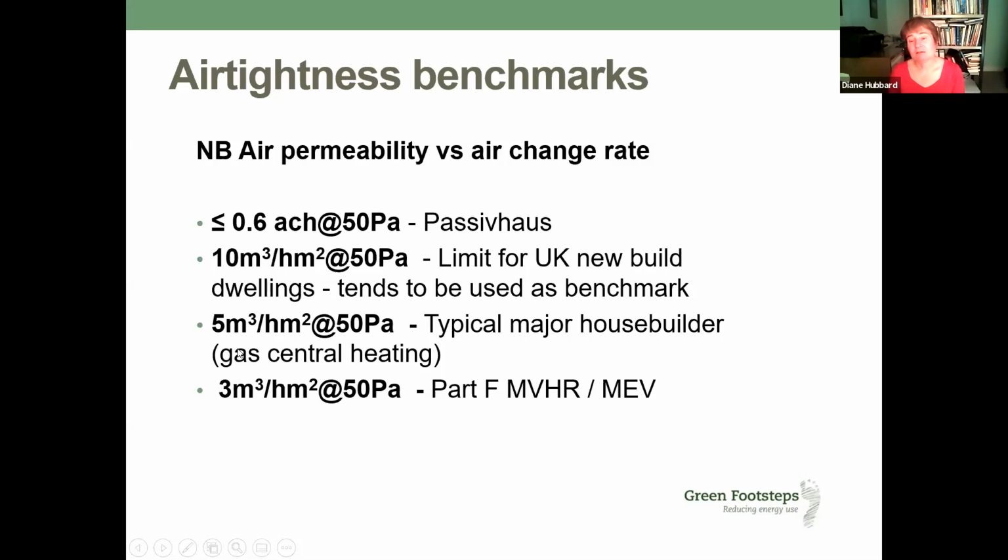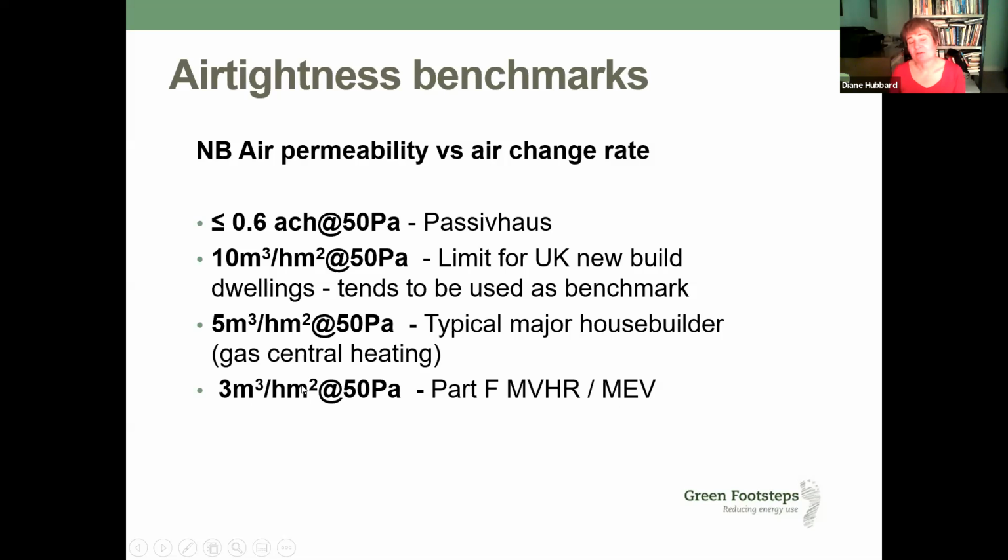But if we start to look at below that, if you're thinking about doing something serious from a ventilation point of view, say fitting mechanical ventilation with heat recovery, there's a threshold at about 3, that's an air permeability of 3, where you need to be looking at ventilation systems, so mechanical ventilation with heat recovery, or something called mechanical extract ventilation, from a building regs point of view.